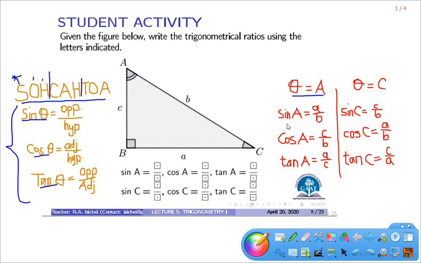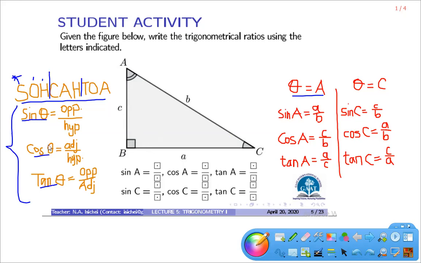So, if theta is at vertex A, sine A, remember, sine theta is opposite over hypotenuse. The opposite will be small a, while the hypotenuse is b. So sine A is equal to a over b. Cos A: small a is the opposite, small c would be the adjacent.